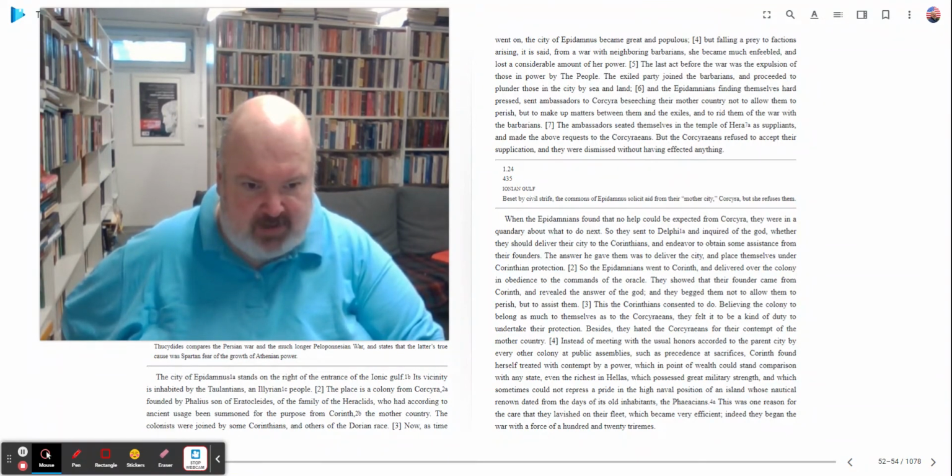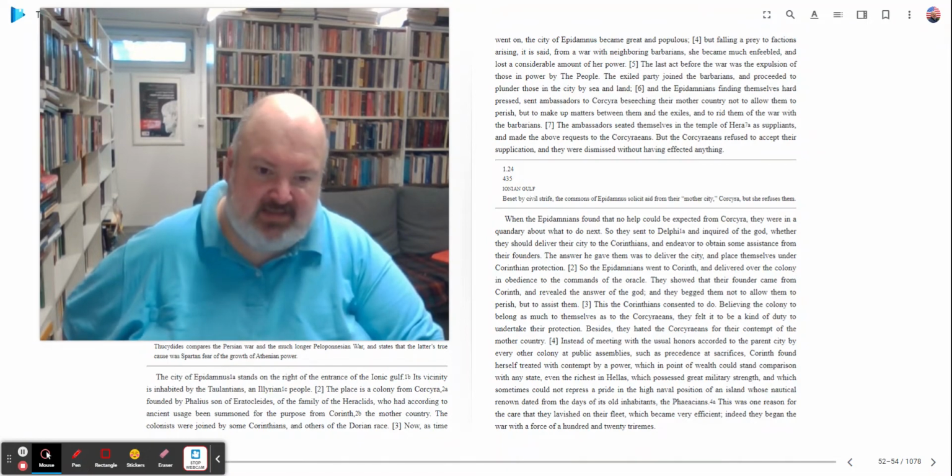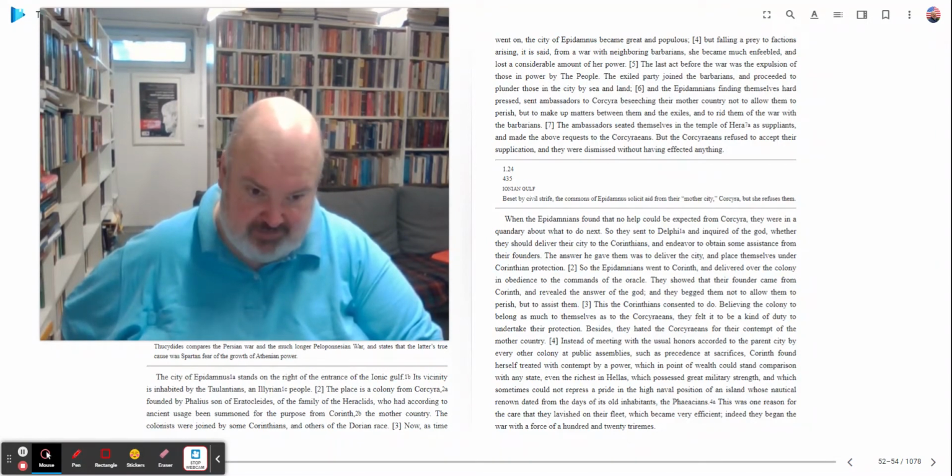So when the Epidamnians went to Corinth, they delivered over the colony in obedience with the commands of the oracle. They showed that their founders came from Corinth and revealed the answer of the god, and begged them not to allow them to perish, but to assist them. This the Corinthians consented to do, believing the colony belonged as much to themselves as to the Corcyraeans.